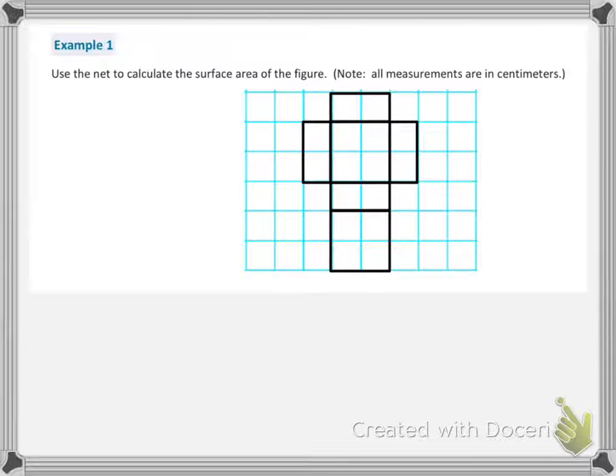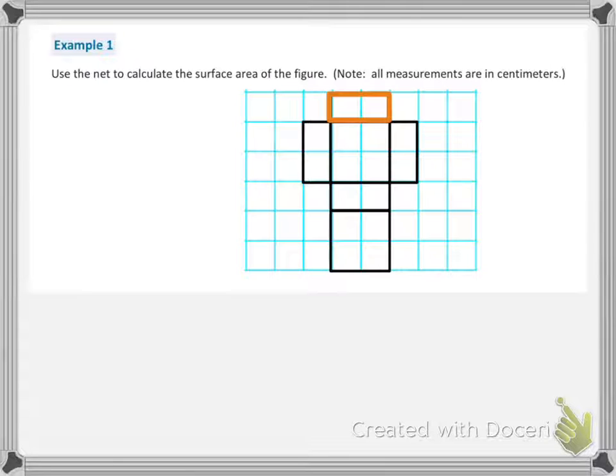Okay, example 1. What we're doing today is finding the area of the net. So I've given you a net of a 3-dimensional figure, and you have to calculate the surface area. So that's the area of all of the surfaces. And we're going to do these one surface at a time. So let's start with this top piece.